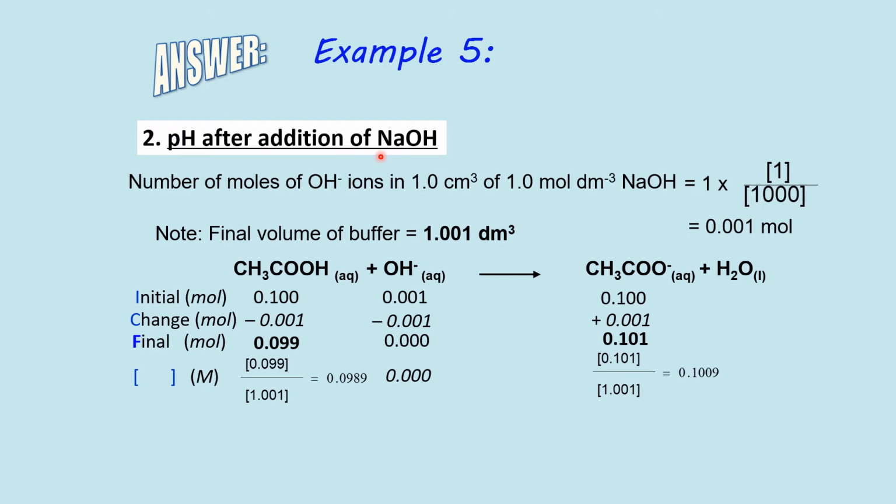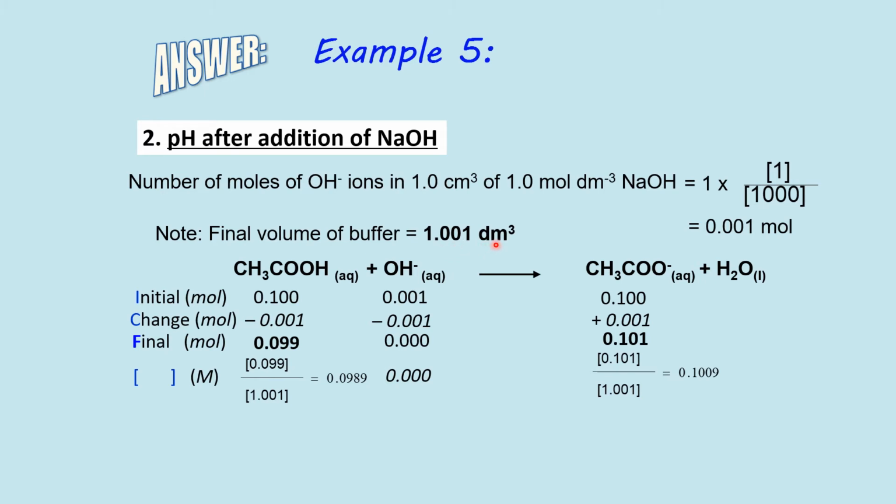Then after addition of sodium hydroxide. So this is the new thing for you all. You have to be clear. First of all, the sodium hydroxide is added to the buffer solution. Initially, the volume of sodium hydroxide is 1 cm cube. But after it is added to the buffer solution, the whole solution becomes 1.001 dm cube.